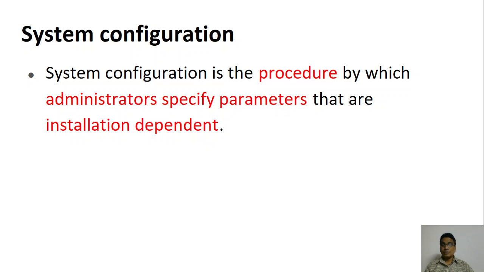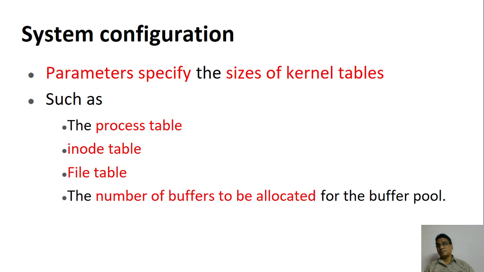So if you install a Linux or Unix system on a desktop machine, then you may have to fine tune some of the parameters so that it works fine with the hardware. So system configuration is a procedure by which the administrator can specify the parameters that are installation dependent.